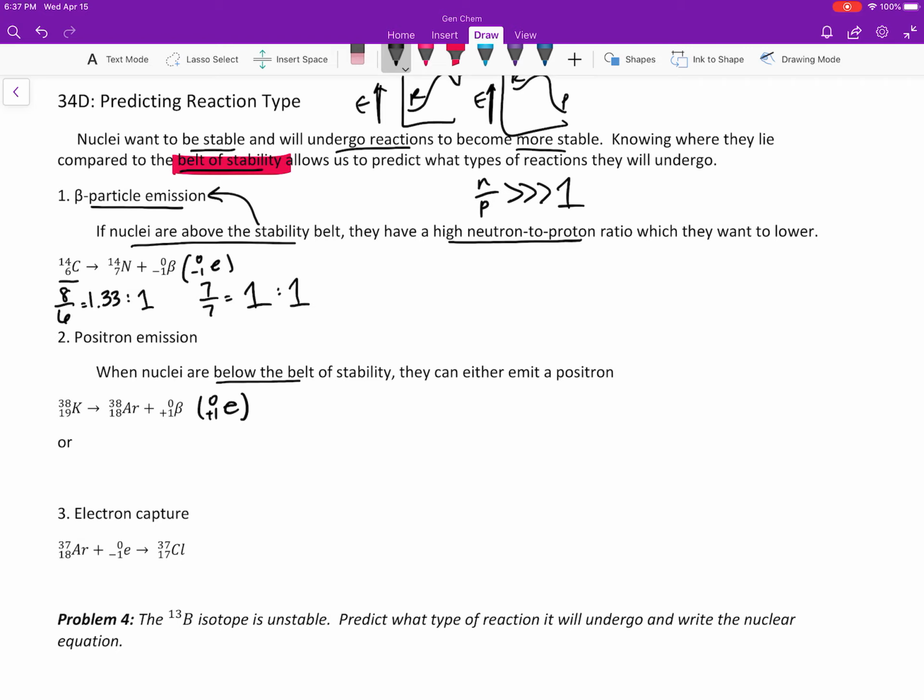Now, when potassium undergoes positron emission, the atomic number is going to drop down, but the mass is going to stay the same. So the number of neutrons is not changing. What's changing is the atomic number.